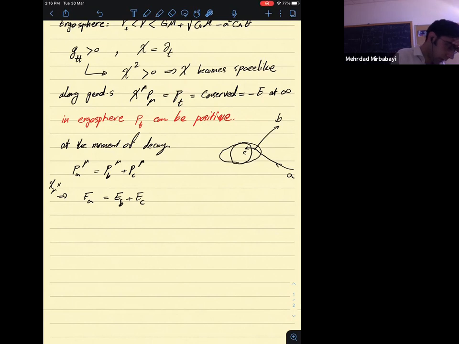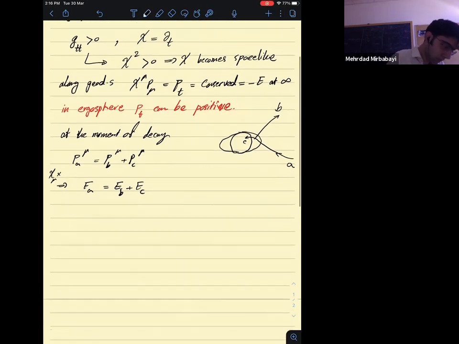So in particular, of course, if E becomes negative, it means that the particle cannot escape to infinity. But now we have a particle C that doesn't escape to infinity, falls into the black hole. So for this particle C that does not go to infinity, E can be negative. This is a possibility.